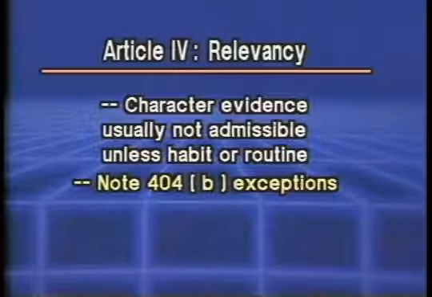It is one of the first rules that we've discussed that is difficult to apply. And it has to do with the exception to that basic rule of 404A that character evidence is not admissible to prove that a person acted in conformity therewith. 404B says it is, if it is being received for the purpose of showing motive, intent, preparation, knowledge, and the like.